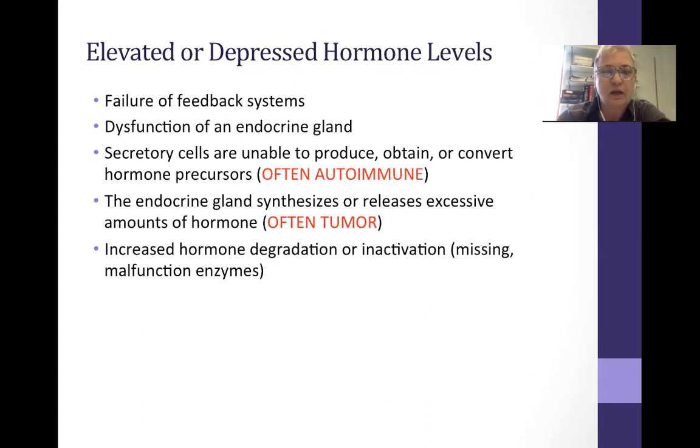If it's a tumor or an associated tumor somewhere else, there are some cases where that happens. But anyway, I'll get to that in a minute. Whenever there's a tumor involved, like with the pituitary gland or the adrenal glands, usually that's an oversecretion. That's a ballpark thing. So try to keep in your mind that a lot of the times when glands are underproducing, it's autoimmune. When they're overproducing, it's often the sign of a tumor.